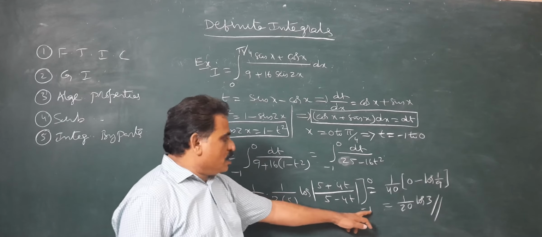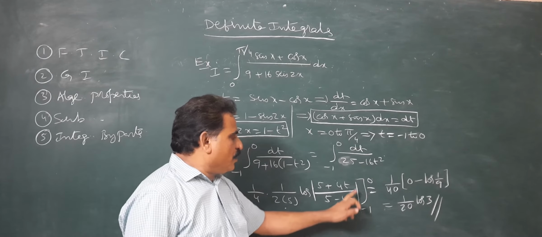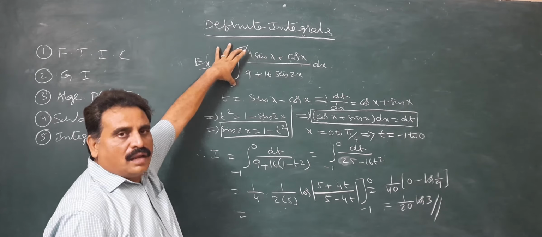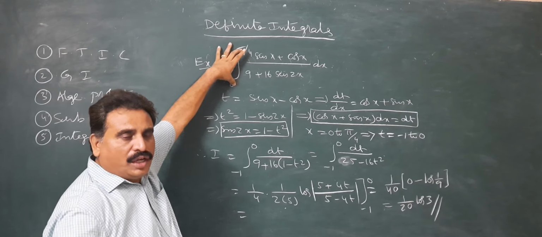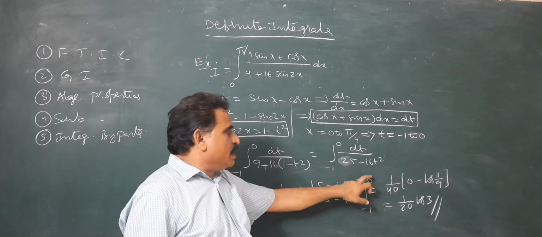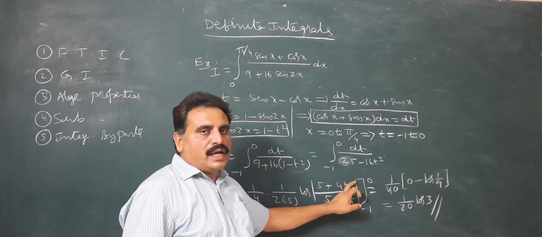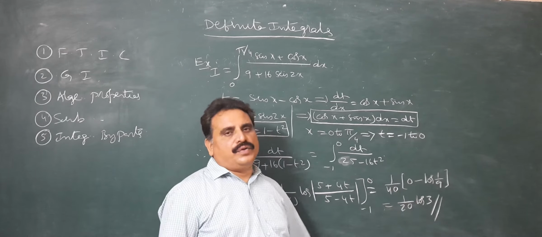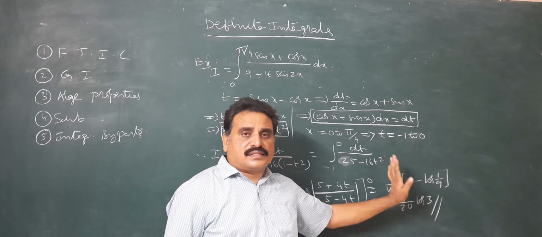We are changing the limits to t. X limits are given 0 to pi by 4, but we change the limits according to the new variable t. The limits are minus 1 to 0. You have to substitute these values. Finally we get the unique value. Don't write C, not necessary.